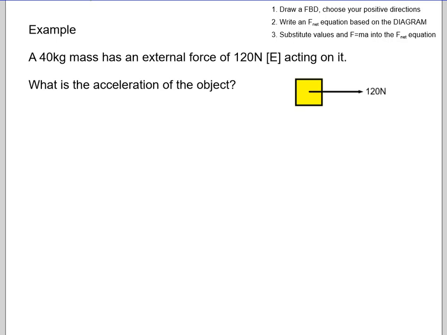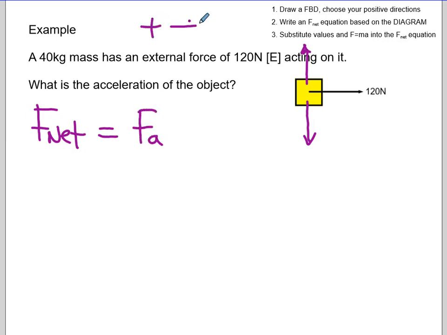So draw a free body diagram. If I wanted to add these two pieces, I can, but I already know they're going to balance because I'm not given any information about this object moving, so I'm not too worried about that. Okay, so if I look at my F-net equation, F-net equals the only force here, the applied force, and I'm going to use a convention that to the right is positive. So F-net equals Fa, the applied force.